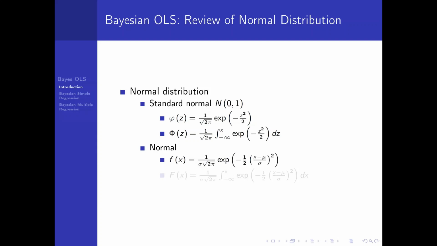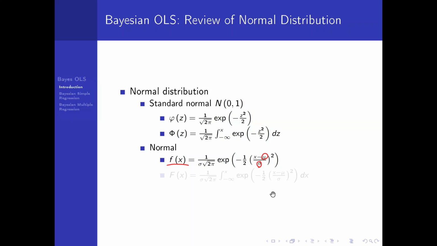For a commonly seen normal distribution, we have a mean of mu and a standard deviation of sigma. Its probability density function follows this form: 1 over sigma multiplied by the square root of 2 pi, the whole term multiplied by the exponential function of the term within the parentheses.